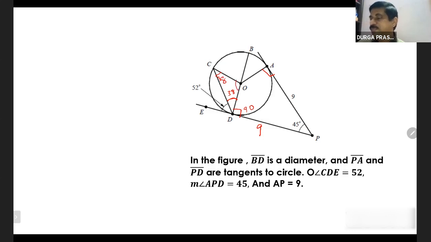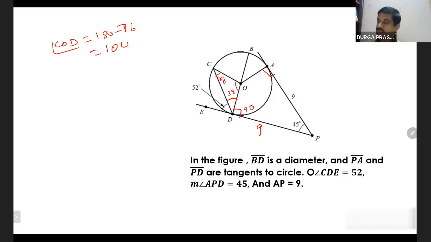So angle COD should be 180 minus 2 times 38, which is 76. So these are all the things we could immediately conclude without much time to be spent.